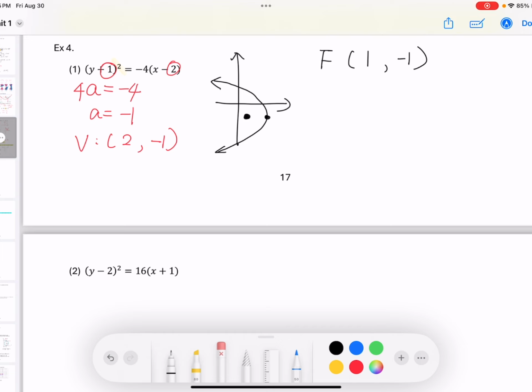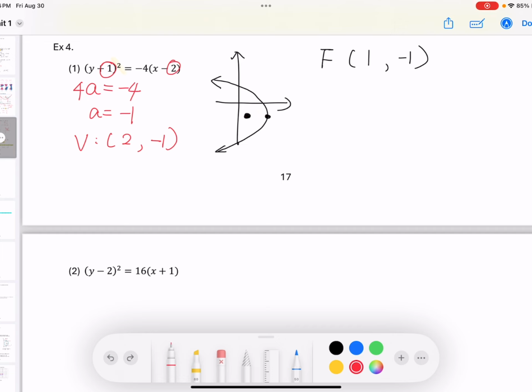We have learned that the distance from the vertex to the focus is the absolute value of A, and the absolute value of A is 1. So I move this point to the left 1 unit. The x value decreased, so use 2 minus 1. So I found my focus.